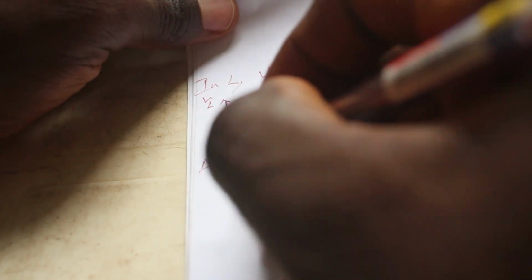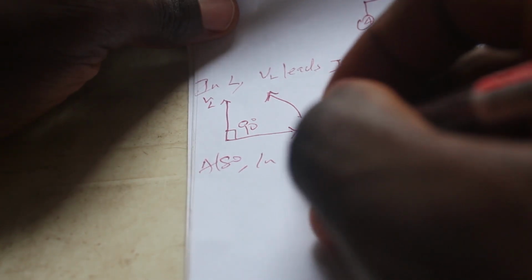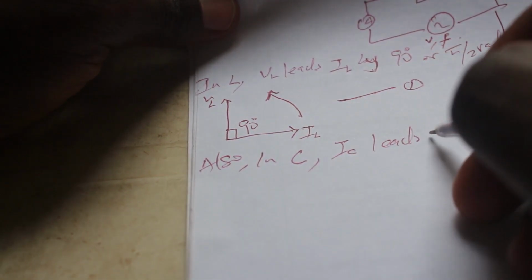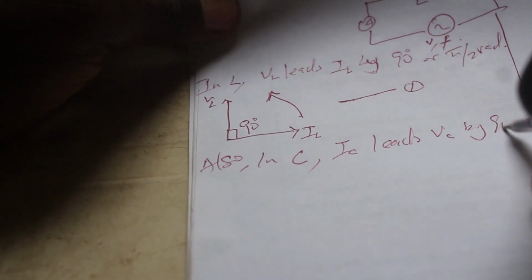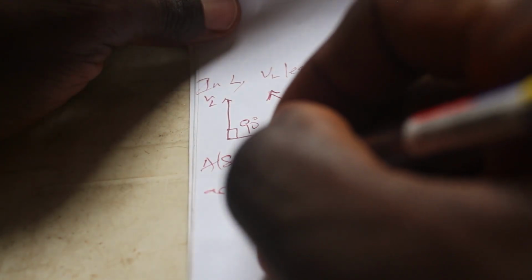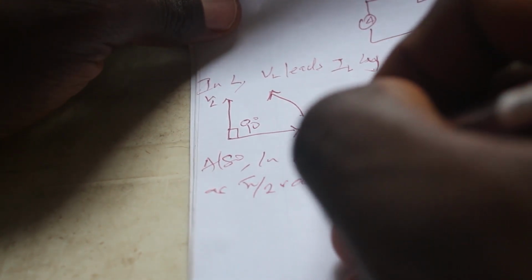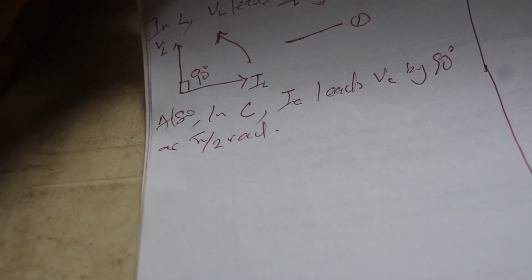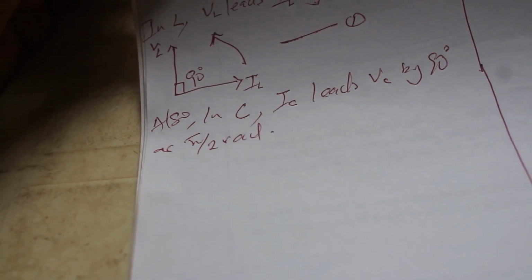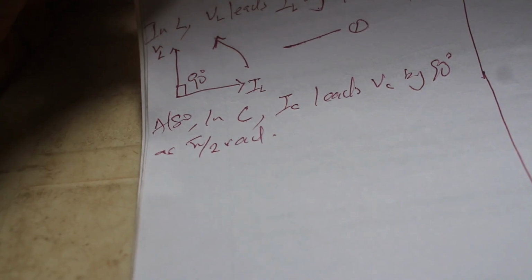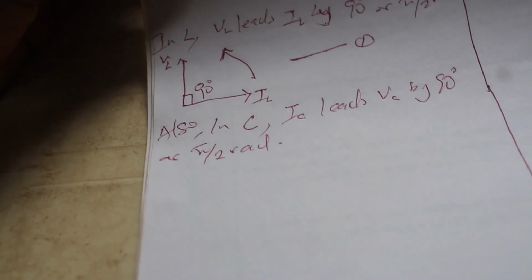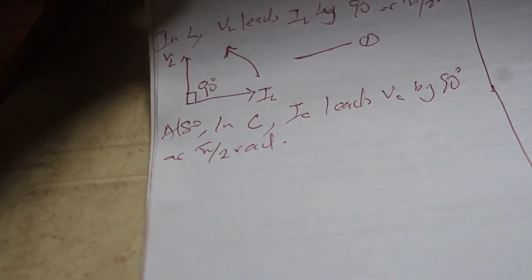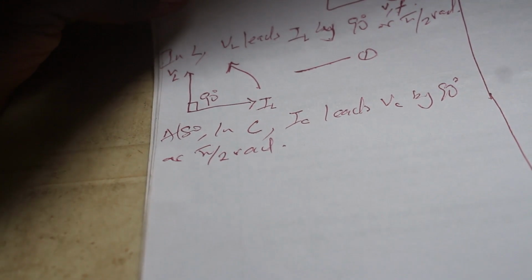Also, remember that in the capacitor, current leads voltage by 90 degrees or pi over 2 radians. That's what happens, and you can check this using an oscilloscope. You connect it to the circuit, and then you can find the phase angle between the voltage as well as the current.